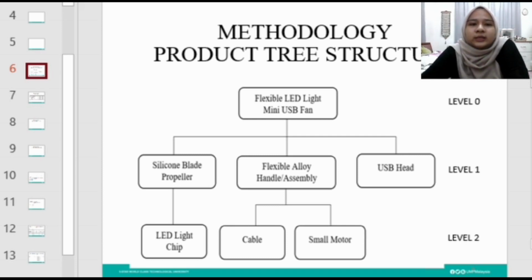Under the silicone blade, we have the LED light chip, and under the flexible alloy handle assembly, we have the cable and also the small motor. As you can see, we have three levels: level 0, level 1, and level 2. Level 0 shows the independent demand, and level 1 shows the dependent demand. Once the independent demand is known, we can determine the dependent demand.